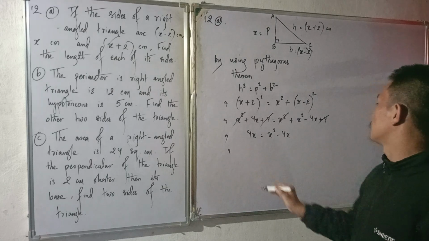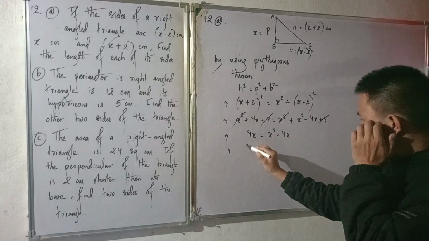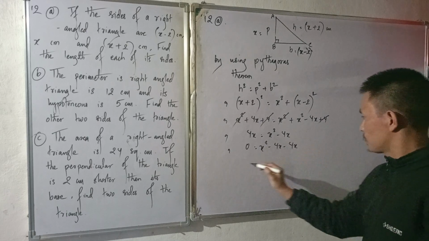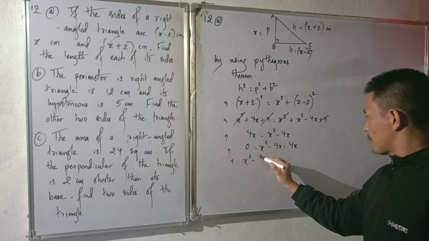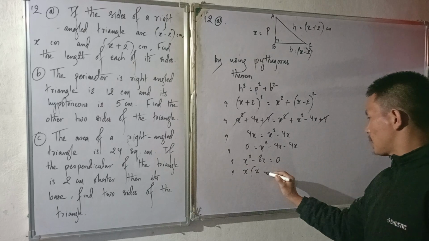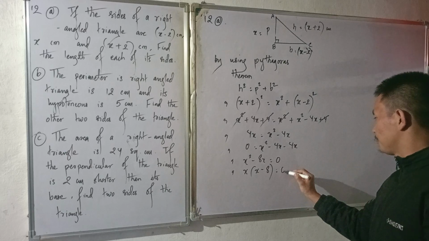Okay, so let's move to the other side. 4x plus 4x, or x square minus 8x equals 0, or x into x minus 8 equals 0.